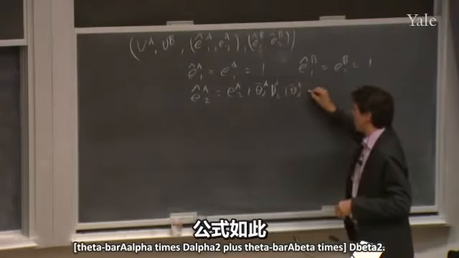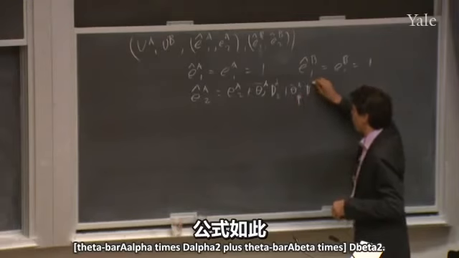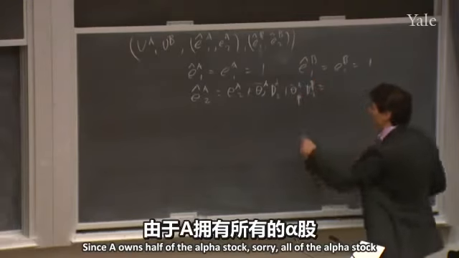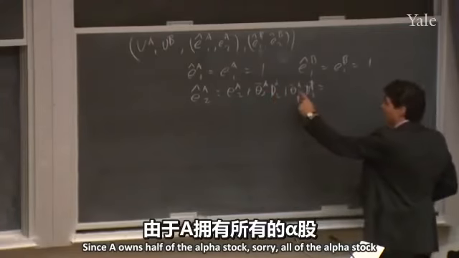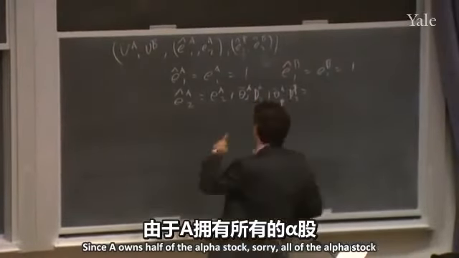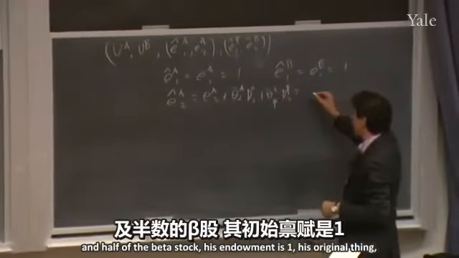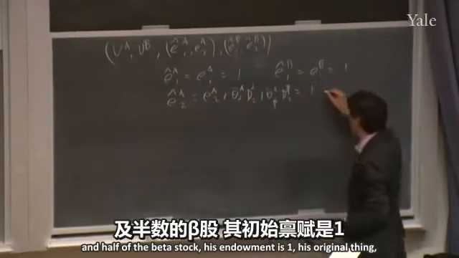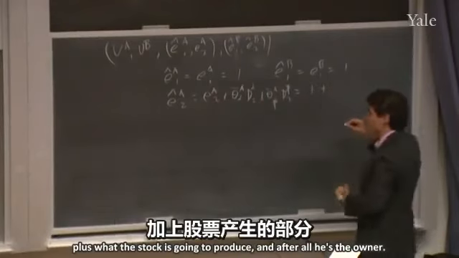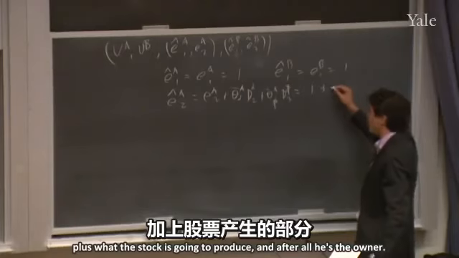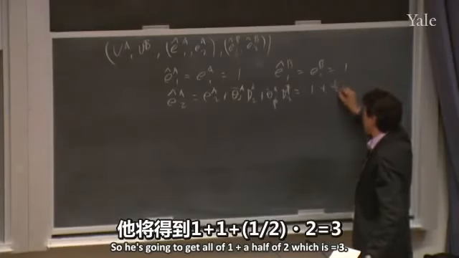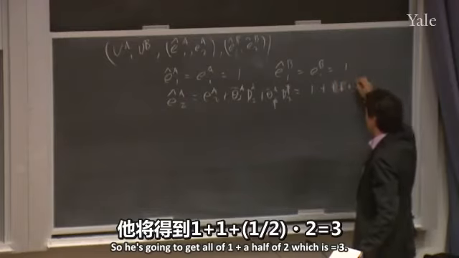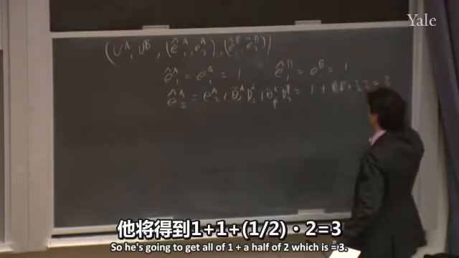A alpha of D beta 2. Okay, so since A owns all of the alpha stock and half of the beta stock, his endowment is 1 for his original endowment plus what the stock is going to produce. And after all, he's the owner. So he's going to get all of 1 plus a half of 2, which is equal to 3.